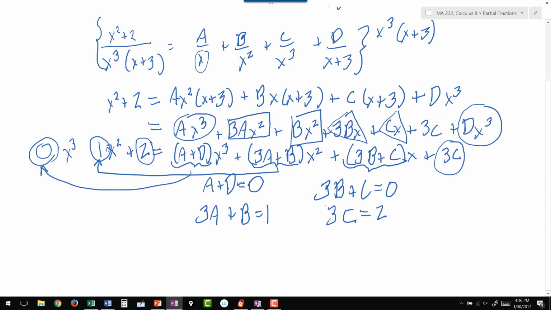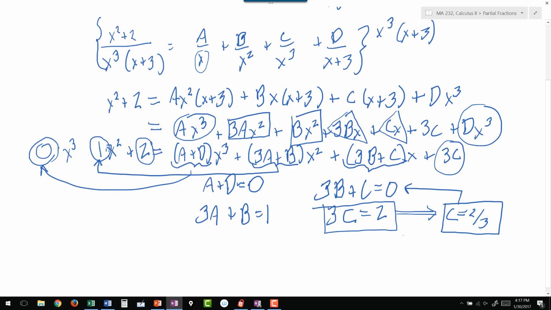The easiest one to start with will be the last. If 3c is equal to 2, then I know that c must be 2/3. If c is 2/3, I can use the third equation to figure out b.